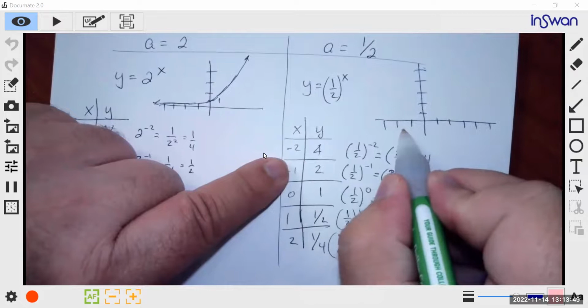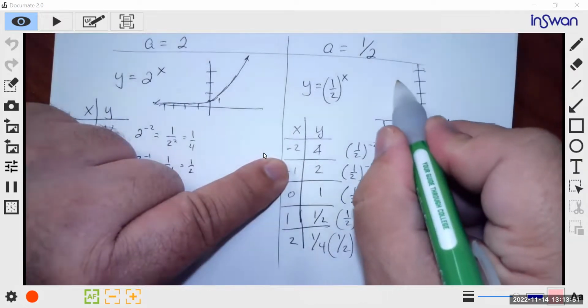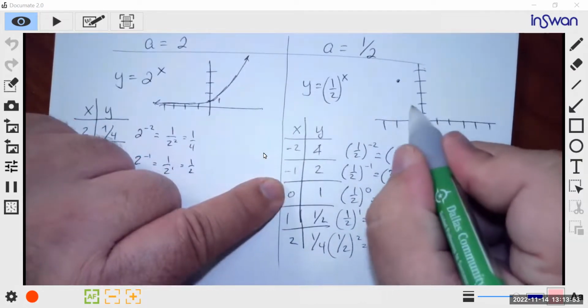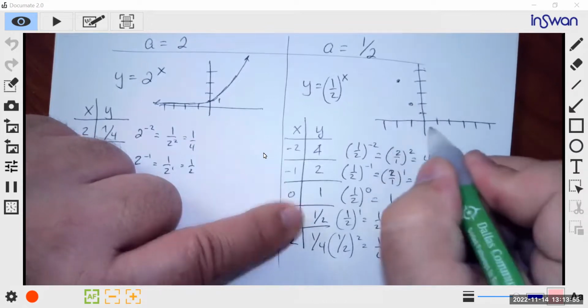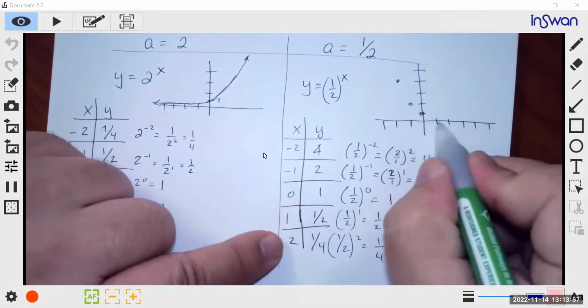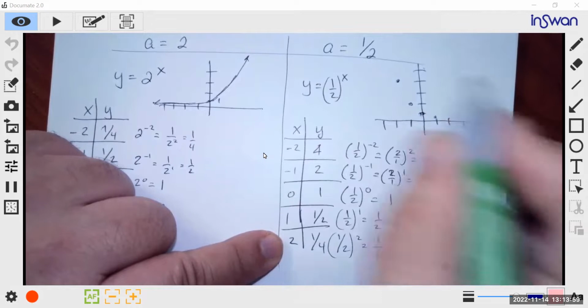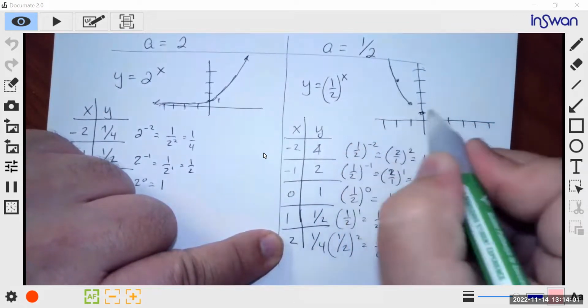So at -2, it's 4. At -1, it's 2. At 0, it's 1. At 1, it's 1/2. At 2, it's 1/4. So it's a decreasing function like this.